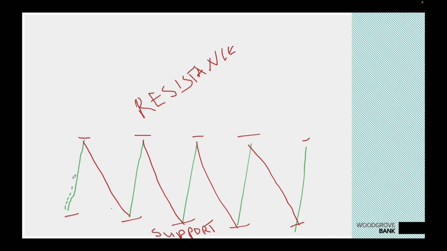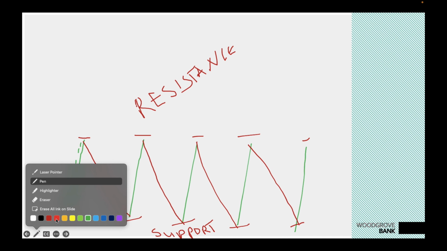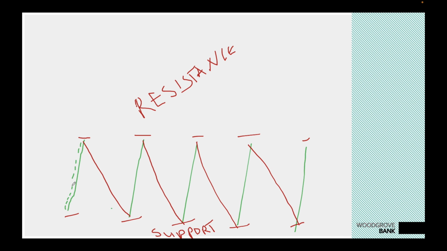So amidst the buy trend, we are always experiencing some few sell segments. So you will definitely experience sell like this.